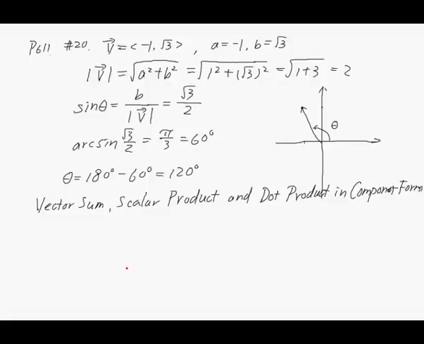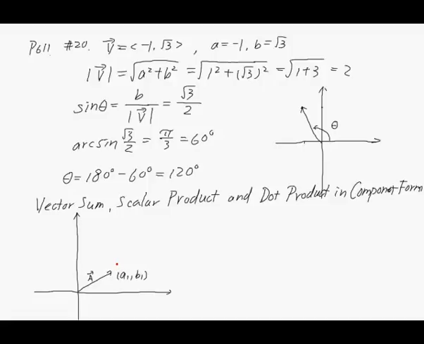And let's first draw the two vectors in the rectangular plane. And this is my vector A. And it has A1, B1 as the coordinates of the terminal point.